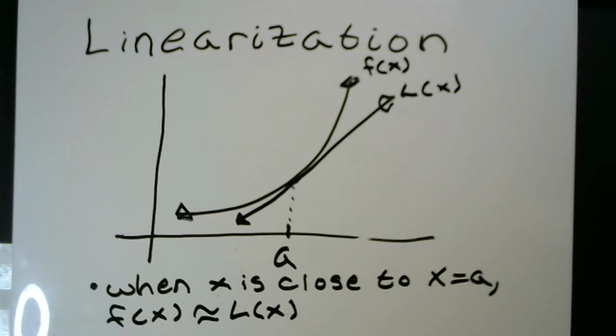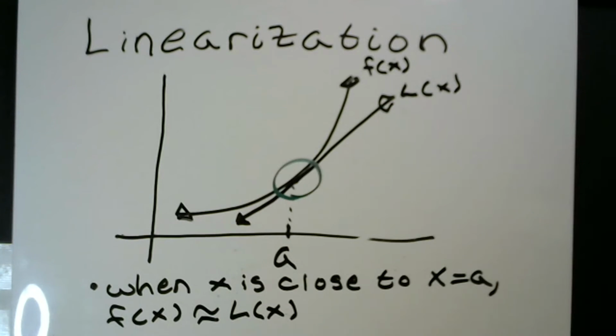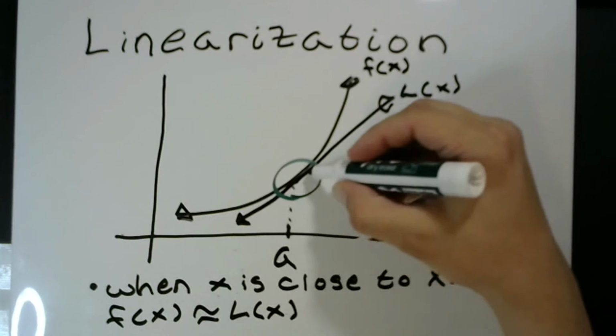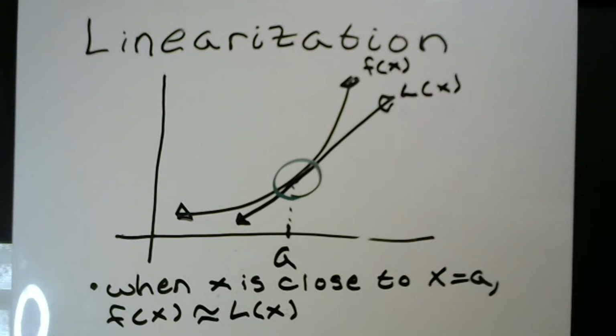If we zoom in to this part here, for all intents and purposes, L of x might be a good enough representation of f of x. That's the idea. So what we're going to do, we're going to construct L of x.